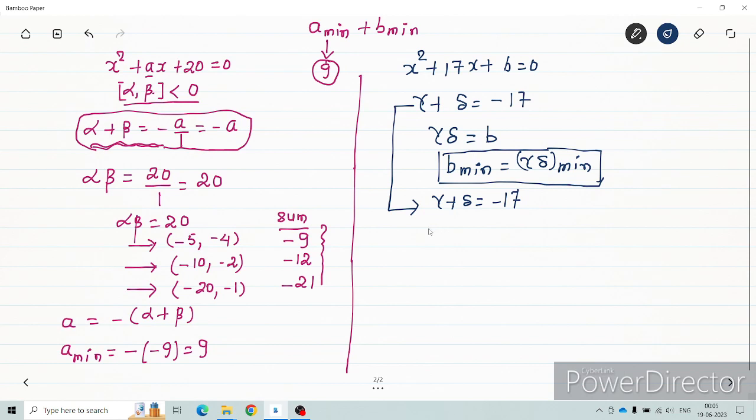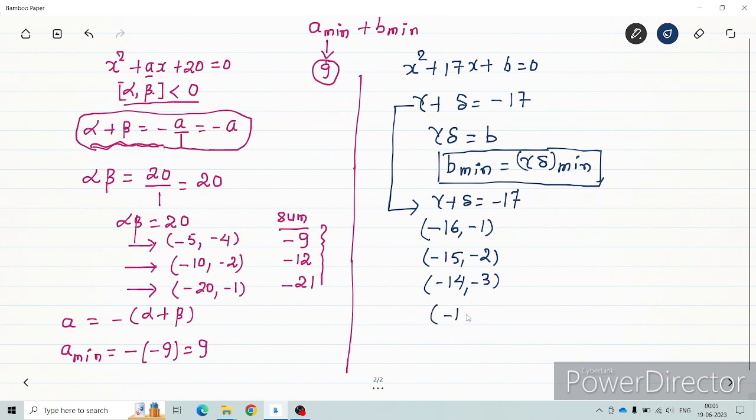If gamma is, let's say, minus 16 and delta is minus 1, their summation will be minus 17. So this is the first combination. Similarly, the second combination is minus 15 comma minus 2, so the addition is minus 17. Third combination is minus 14 comma minus 3.